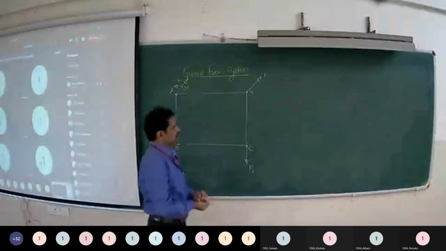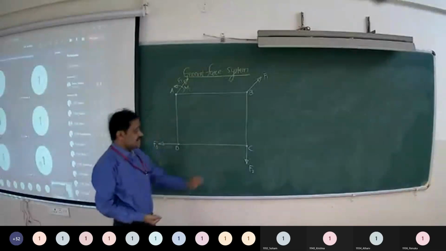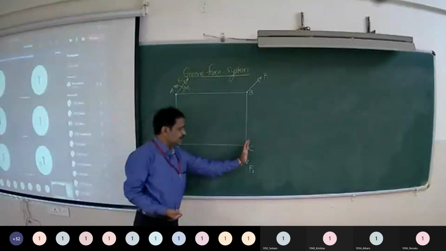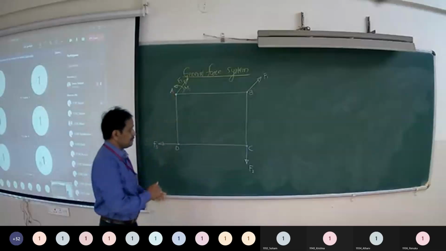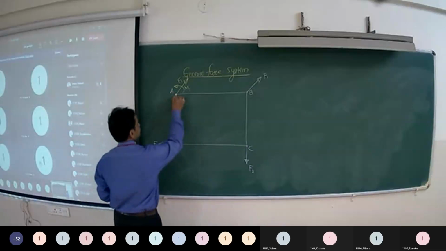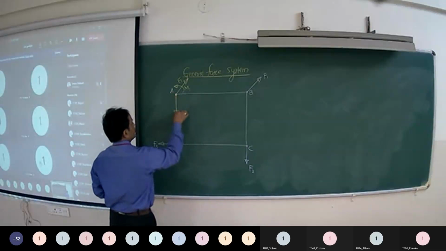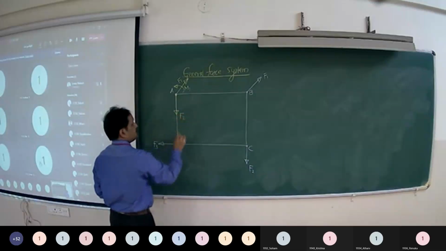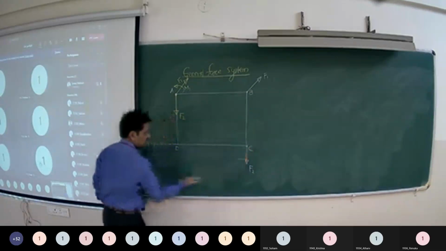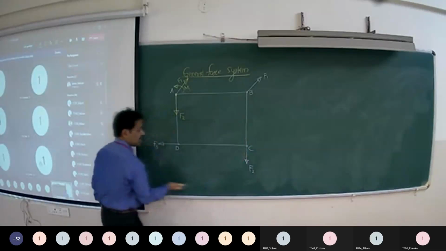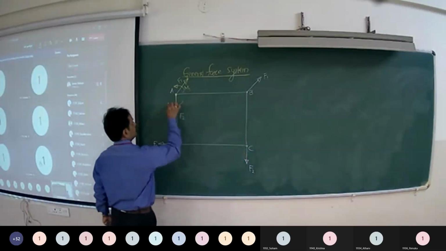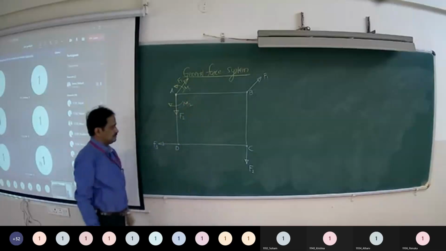Is it clear? Similarly, transfer F2 from point C to point A parallelly. It is accompanied by a moment. What is the sense of the moment? F2 is forming clockwise moment of magnitude M2.